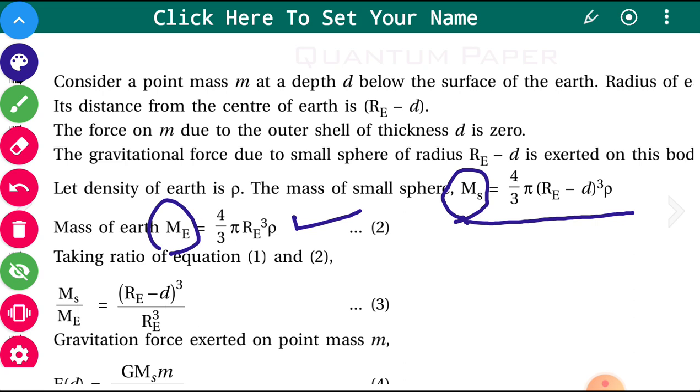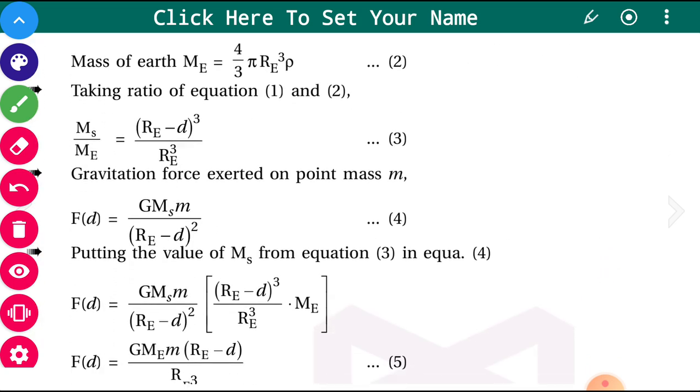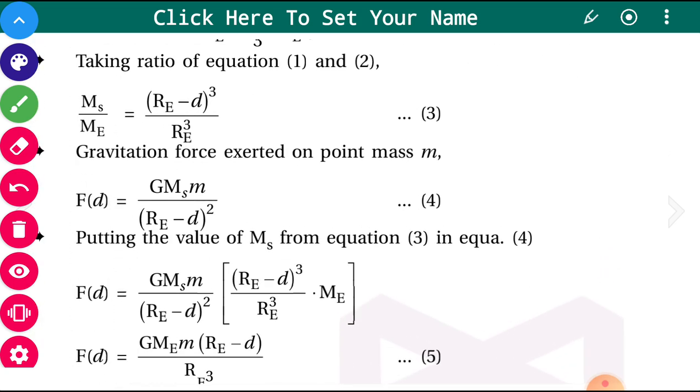Whatever is common, 4 by 3 pi, will cancel out. So ms upon me will give you Re minus D the whole cube upon Re cube. This rho will also cancel out. Okay, so it is written here: Re minus D the whole cube upon Re cube.